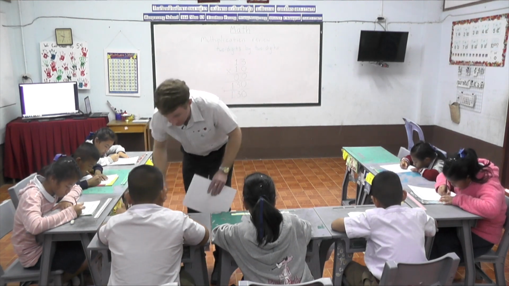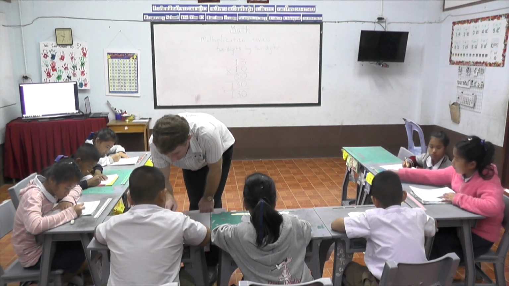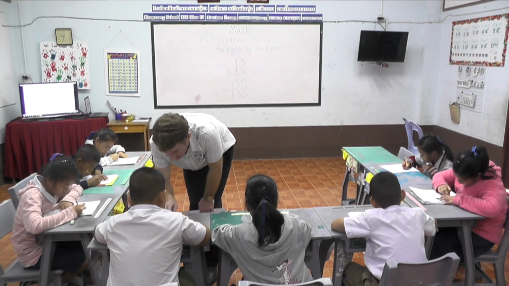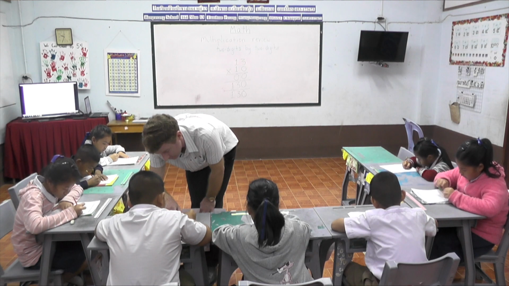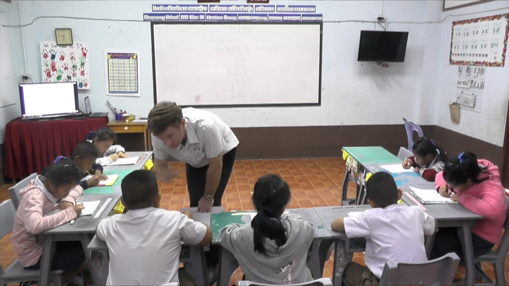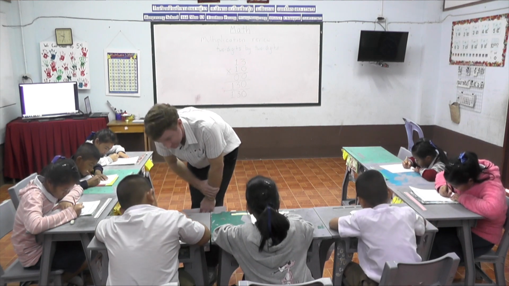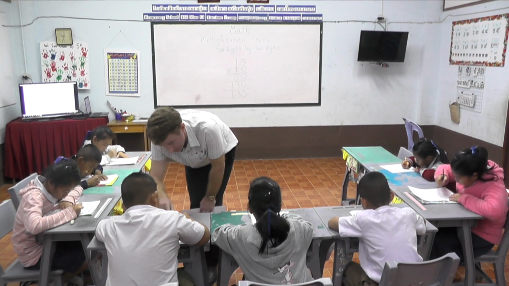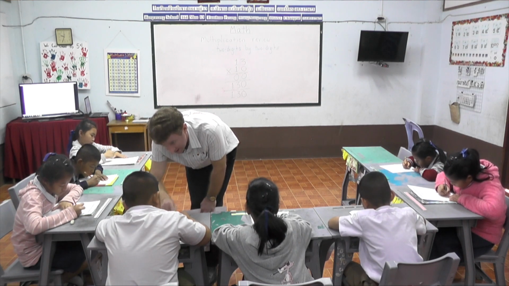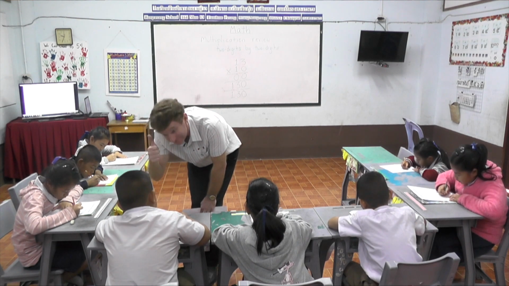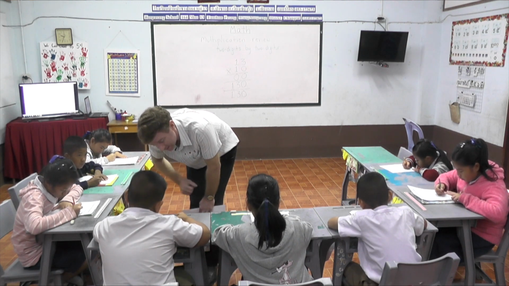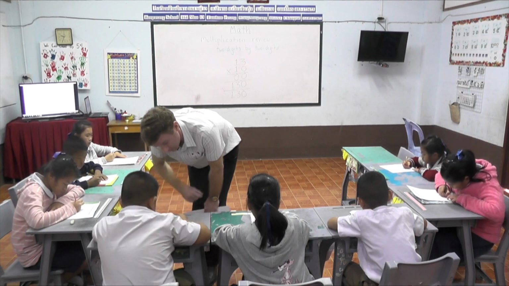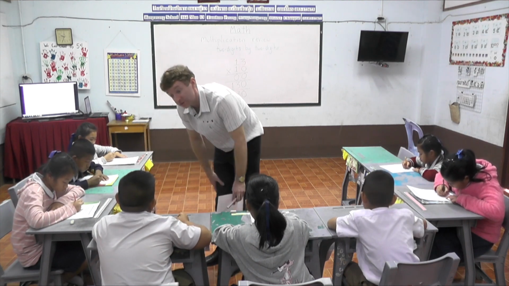Excellent, Ned. So now for this one, 15 times 11. So 1 times 5. 5. 1 times 5. 5. Excellent. So that's step 1 done, and now we move on to step 2.